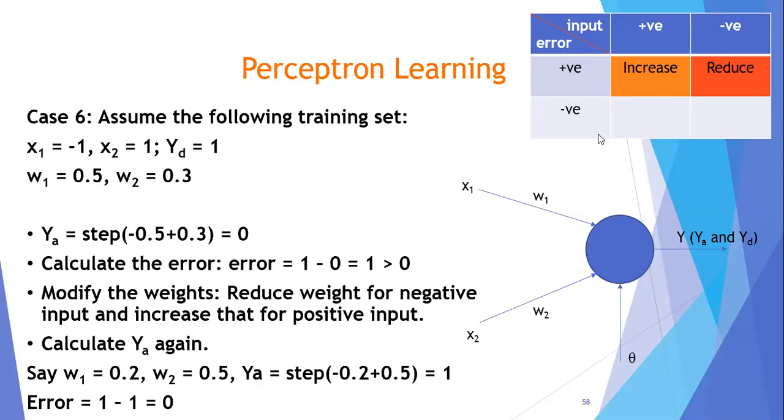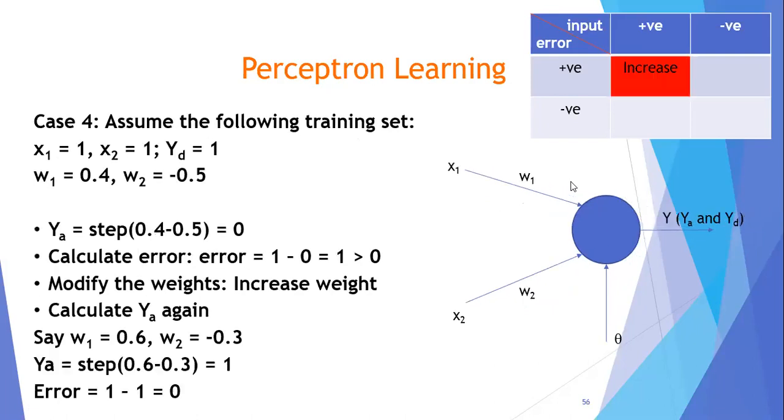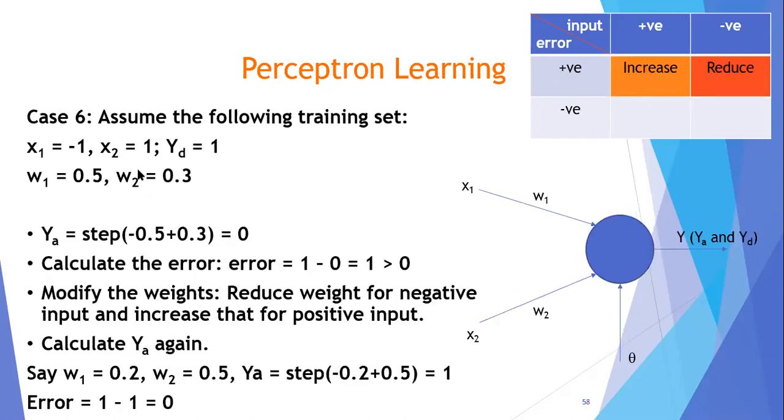But in this case, we have two particular signs of the input. This input x1 is negative, so we're dealing with this one, and x2 is 1, so we're dealing with positive 1. If you just go back here, we already said we have to increase. Indeed, this is what we see again for x2. We need to increase the weight to make y increase.